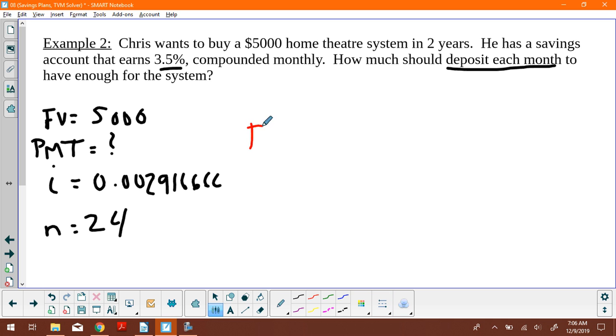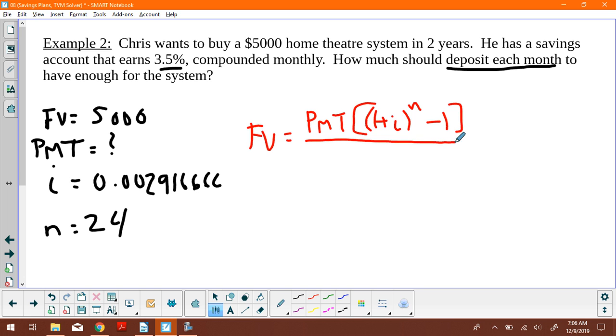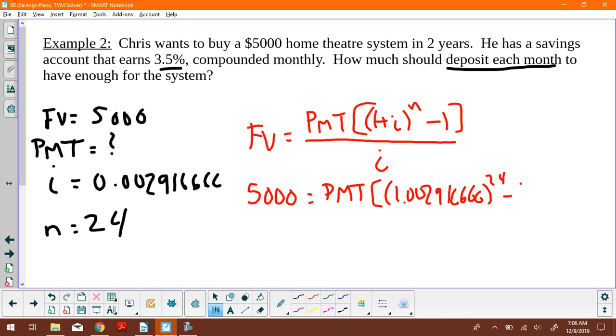So FV equals PMT times ((1 plus I) to the N minus 1) all over I. My future value is 5,000, PMT, times (1.002916666 to the 24 minus 1) all over 0.002916666.